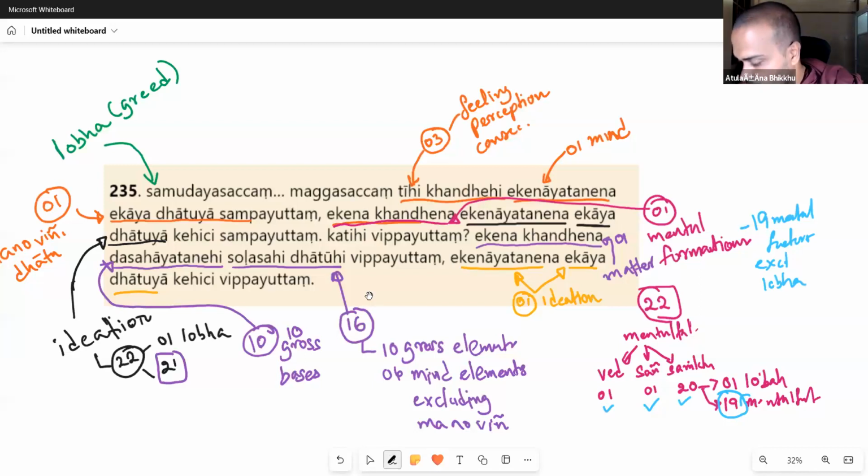It's the 16 subtle matter and nibbana. Right? 16 subtle matter and nibbana, right? So that's how we get the answer for this one, right? Yes.